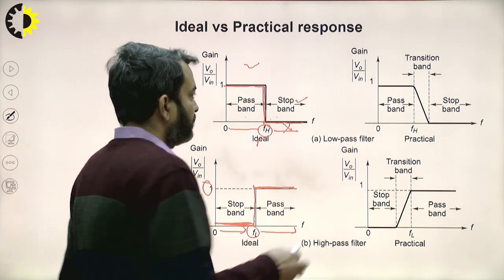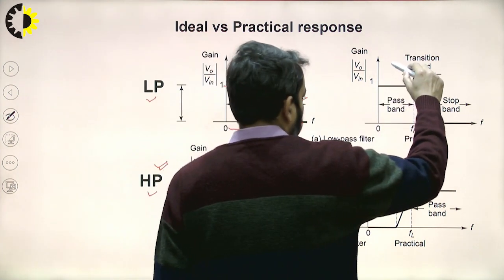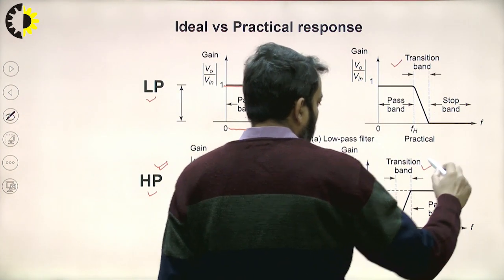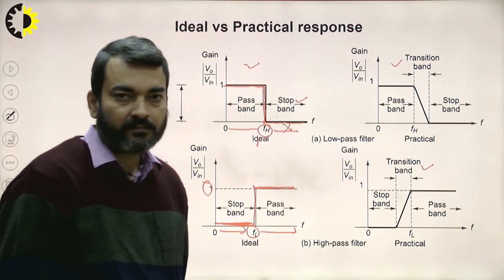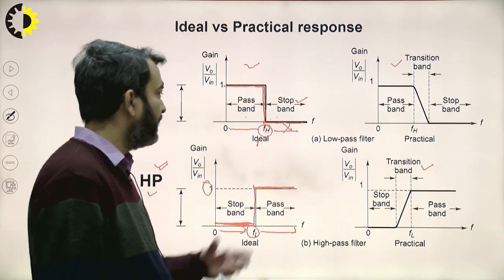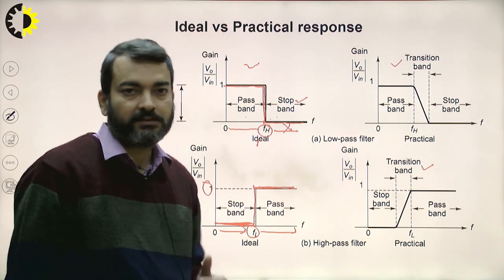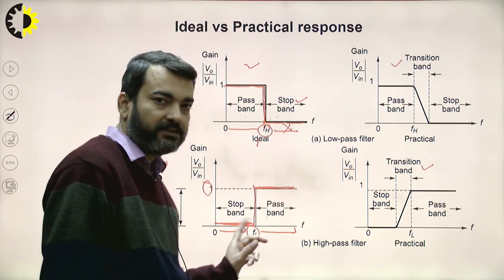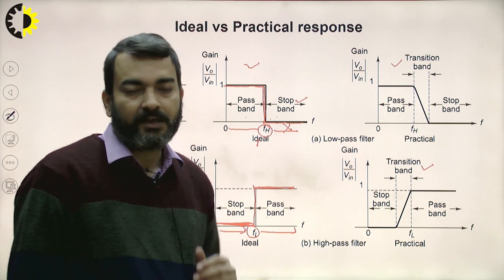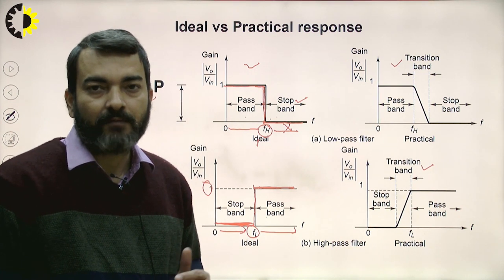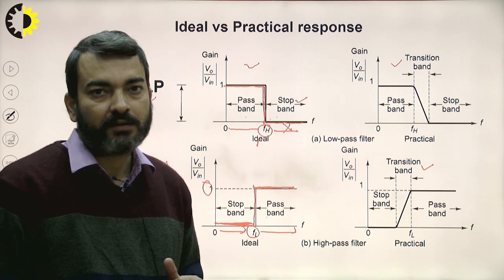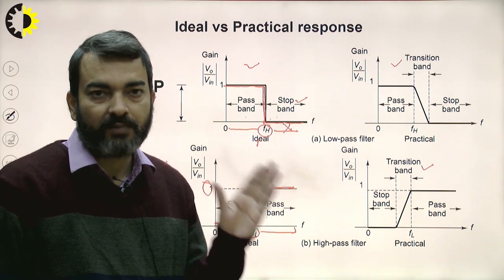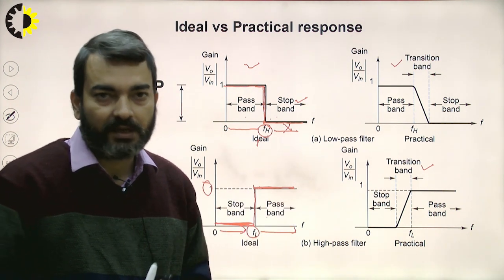So here on the right hand side we have shown the practical response. In case of ideal response we have only two bands, pass band and stop band. But in case of practical filter, we will have one more band, called transition band, which is between pass band and stop band.